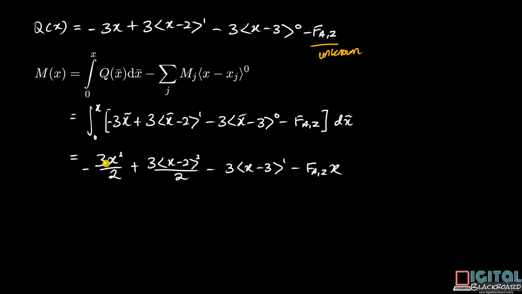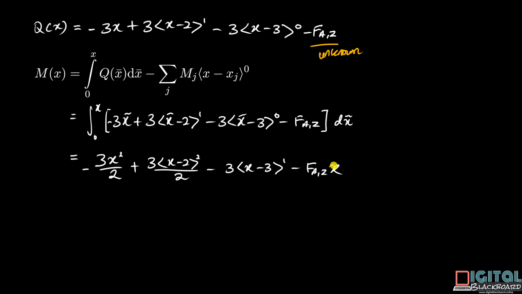So after integration, we arrive at this expression here, where this minus 3x squared over 2 plus this 1 becomes 2, and then you bring down 2 as well. This power 0 becomes power 1, and there's x here.